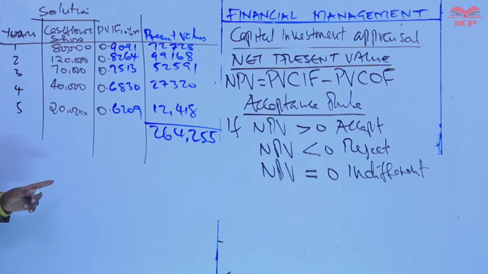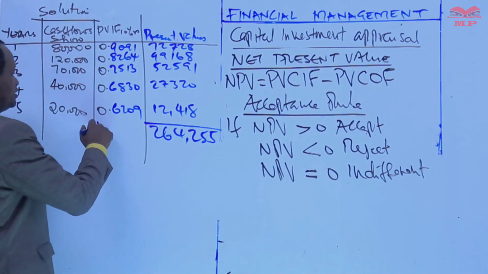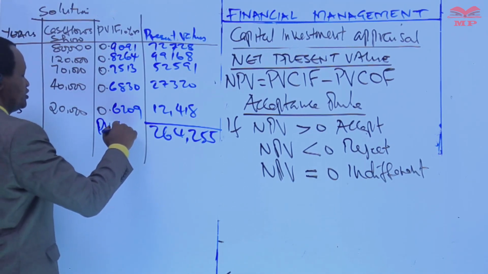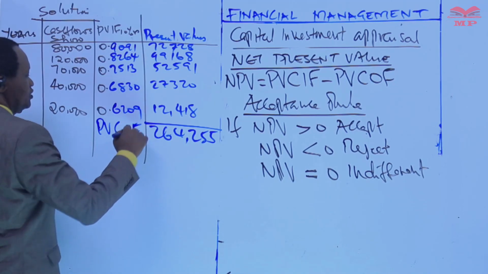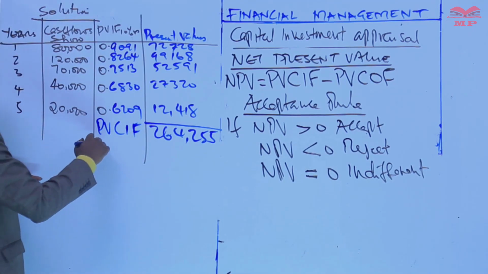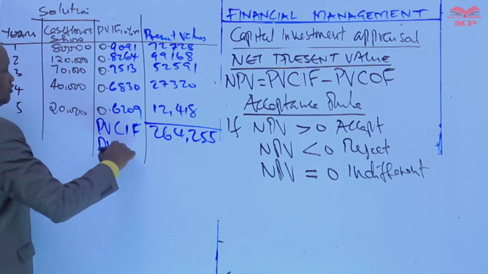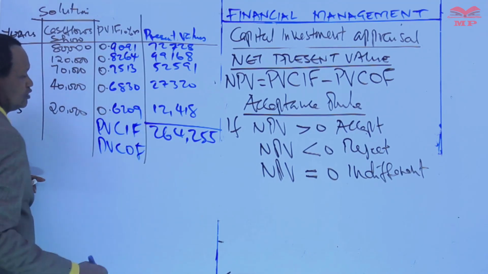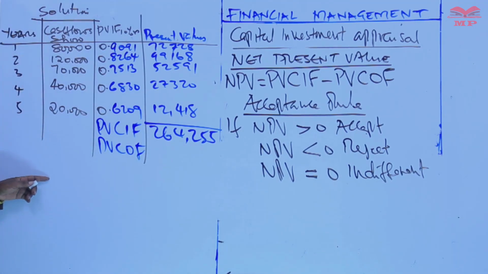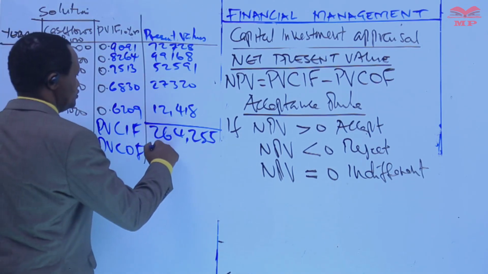Okay, this is the present value of cash inflow. Then we deduct the present value of cash outflow, the initial investment. What is the initial investment? 240.